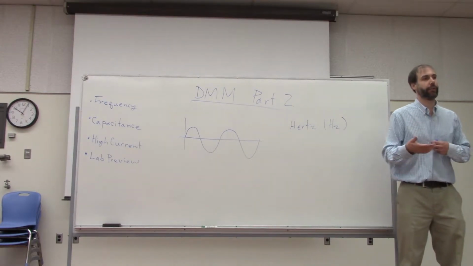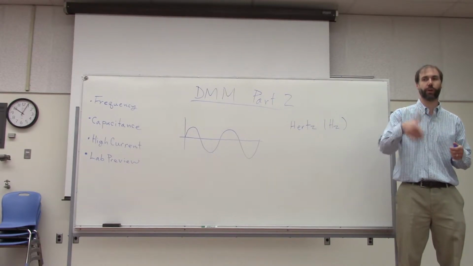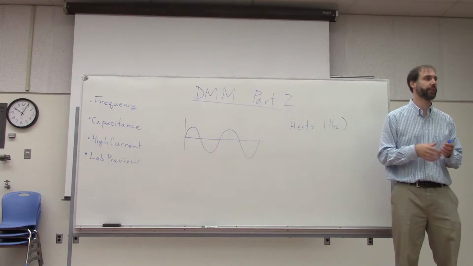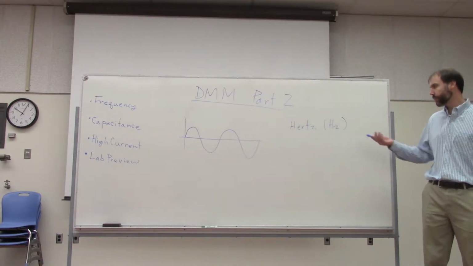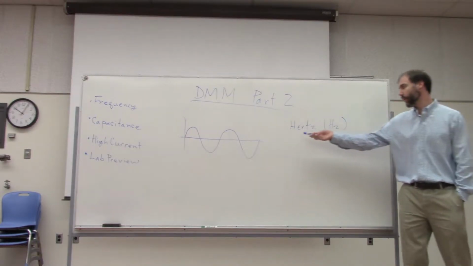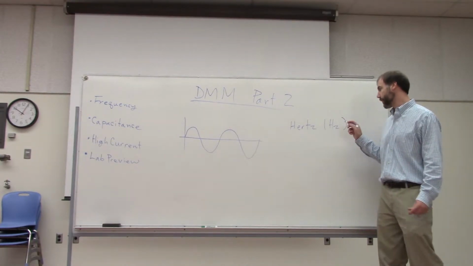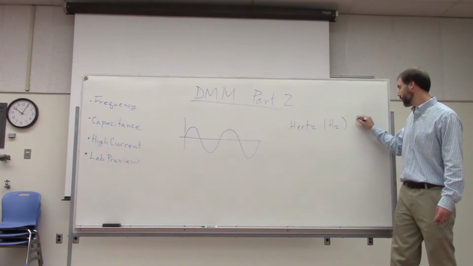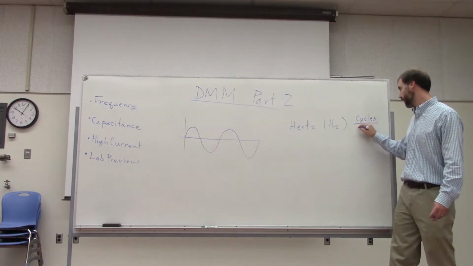So if you're talking about 3,000 RPM, that means that the motor is turning 3,000 times every minute. So there are other units of frequency as well, but in electronics, hertz is the most common. And again, that's cycles per second.